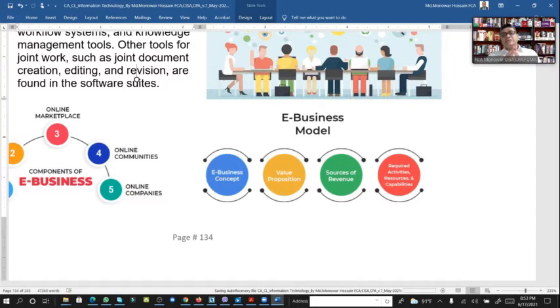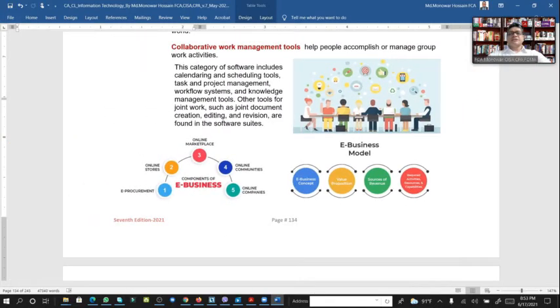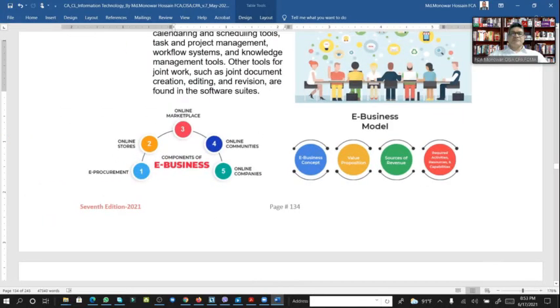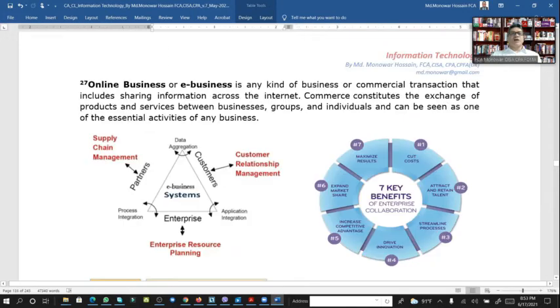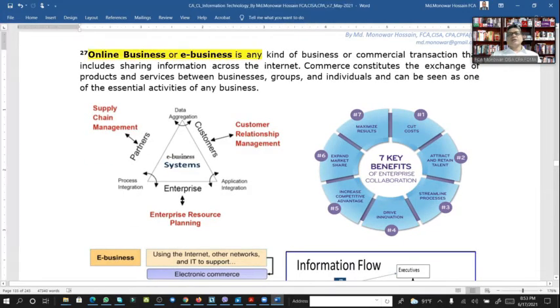Online business, or e-business, is a kind of commercial transaction that includes sharing information across the internet. Commerce consists of the exchange of products and services between businesses, groups and individuals, as can be seen in the essential activity of a business.